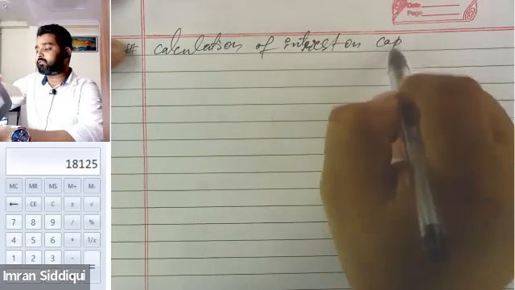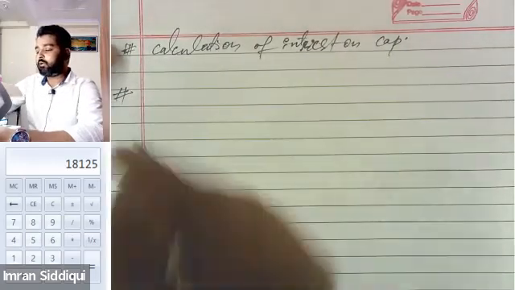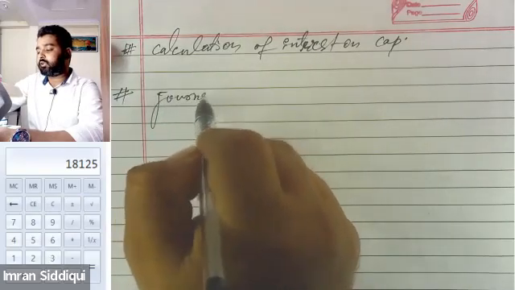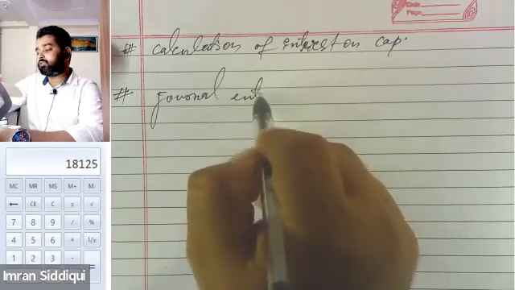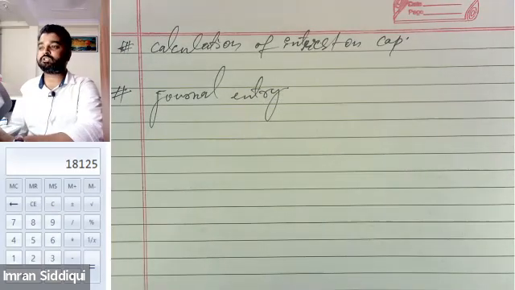And then we will also learn how to pass the journal entry regarding the interest on capital. These two things will be the points of consideration in today's session.